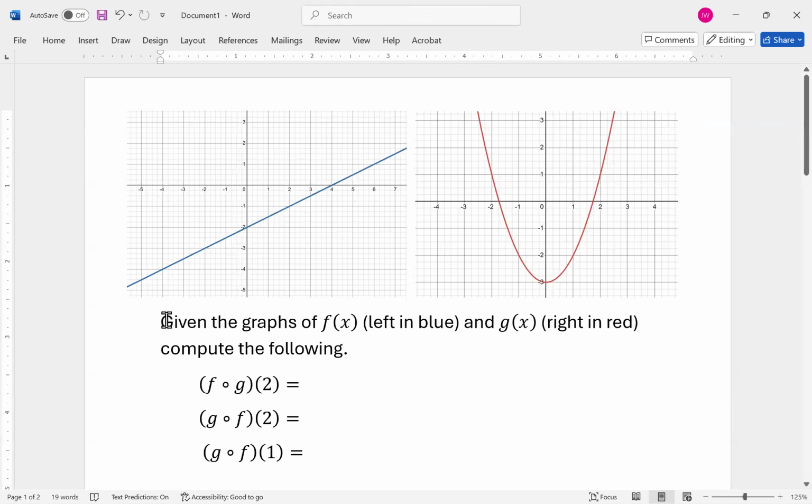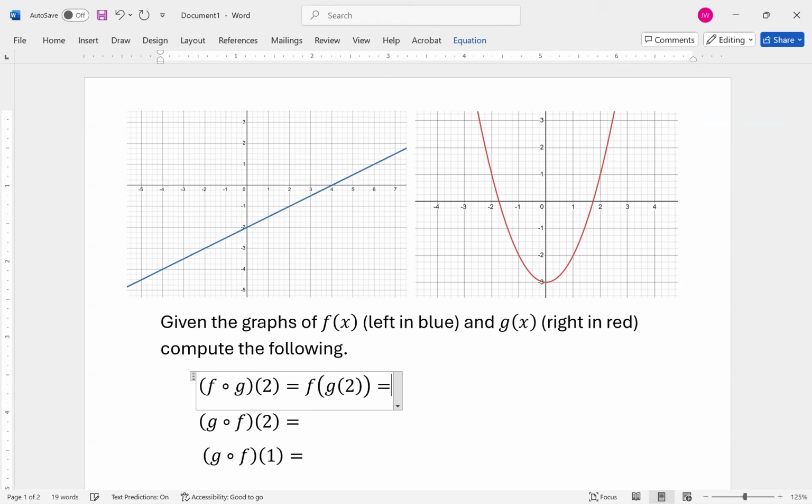Let's go ahead and do that. So start out by doing f of g of 2. That means I first need to figure out what g of 2 is. Now, g of 2 can be found by the right-hand side graph, the one in the red.